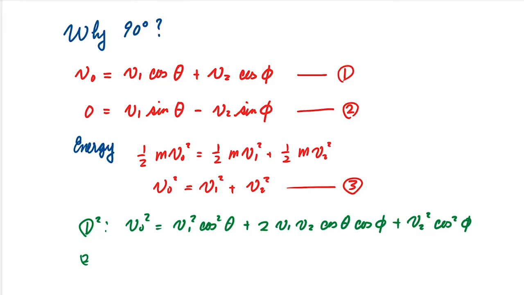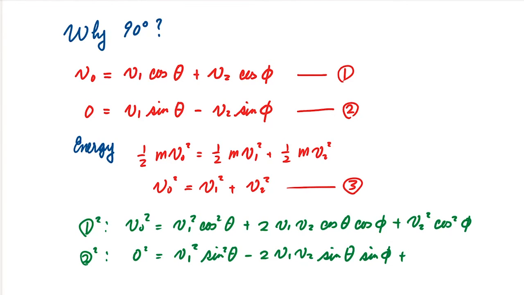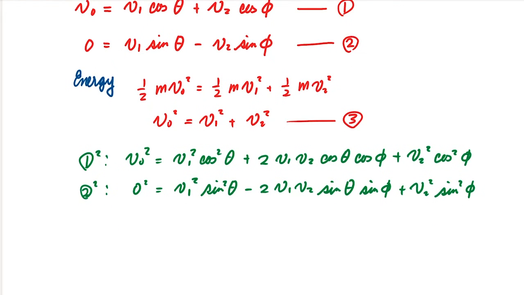Now, squaring equation 2, you get 0 is equal to v1 squared sine squared theta minus 2 v1 v2 sine theta sine phi plus v2 squared sine squared phi. You with me? Guess what I'm going to do next?